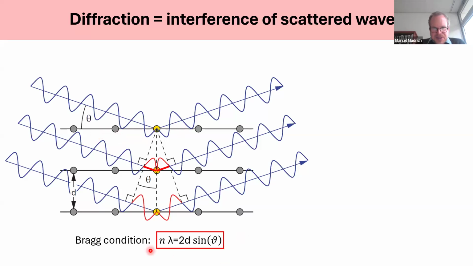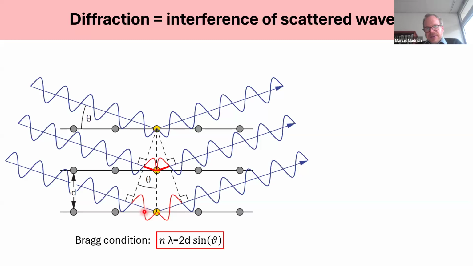In this textbook derivation of the Bragg condition, we only consider planes where the partial beams are reflected from, and then we can calculate what the path difference is for these different partial beams reflected from the planes.